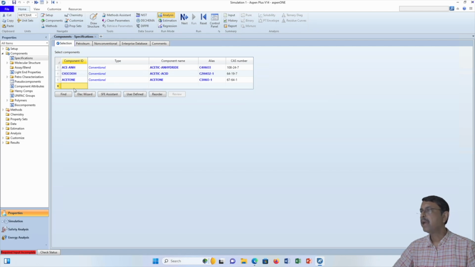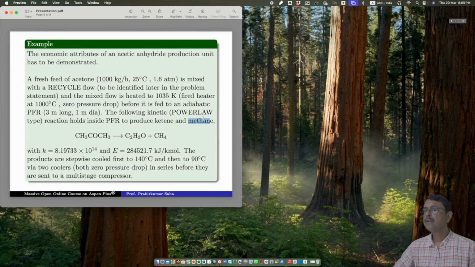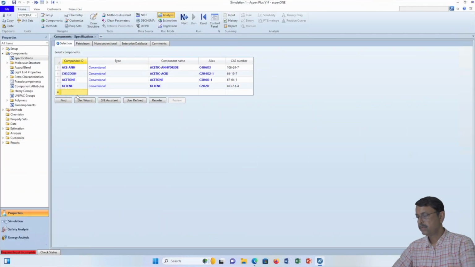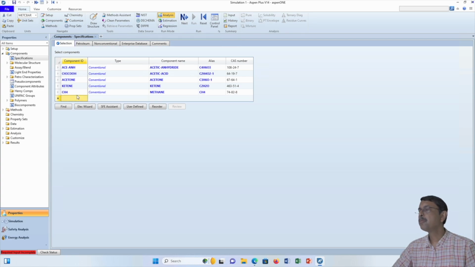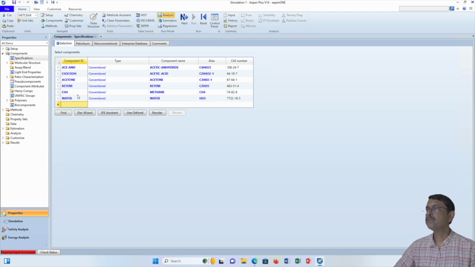Okay, and we have ketene. What else? We have methane, right? So methane, and we also need cooling water. So we have to write water also.